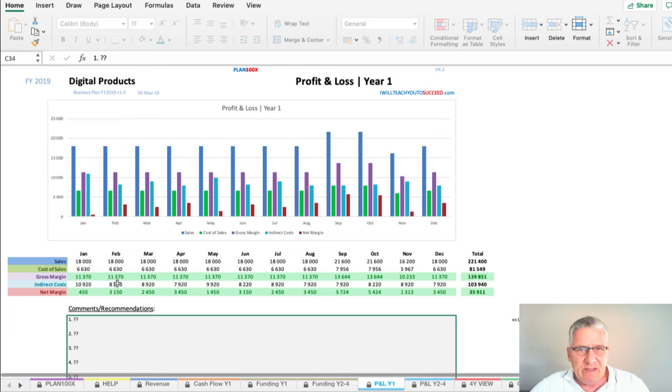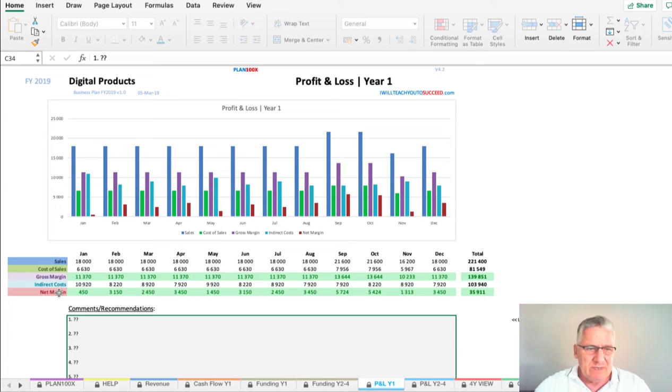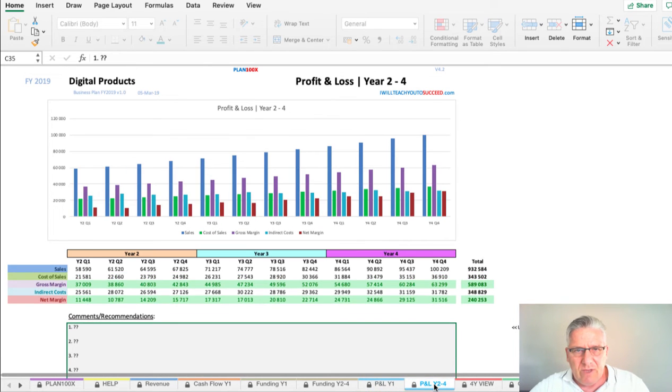But look at the profit and loss. So here we have in the profit and loss statement for year 1, from January to December, our sales, our cost of sales, gross margin, indirect costs, and net margin. Obviously, the most important numbers here are our gross and net margin, both of them above the line. Nowhere are they dipping below the line, which is a really good sign. For years 2, 3, and 4, the same thing.